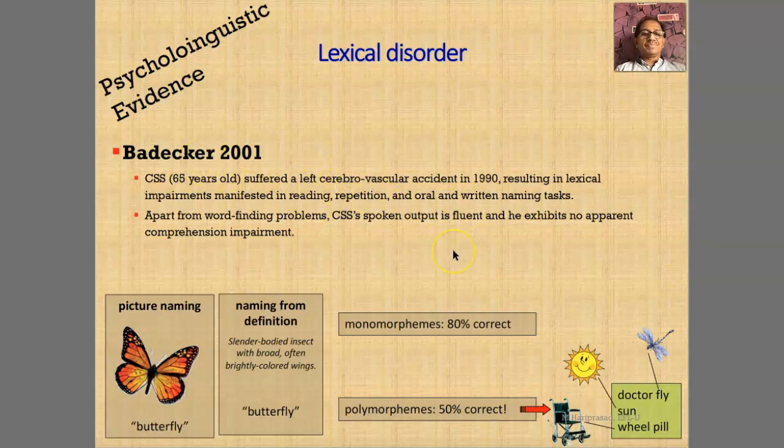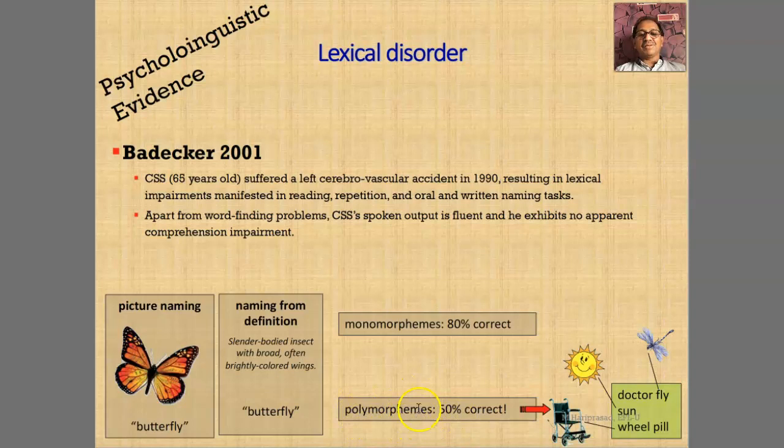So when he was given a picture like a butterfly, naming from pictures or definitions, he was asked to name the word. He was correct when it was monomorphemic, 80% correct on monomorphemes. But he was correct only 50% when it was polymorphemic.